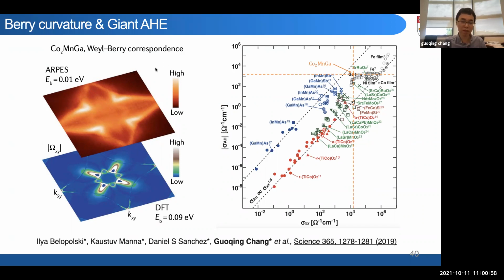If you compare this material with other materials people have known before, you can see it exhibits a much larger anomalous Hall effect than the conventional materials. So that's for the loop structure.